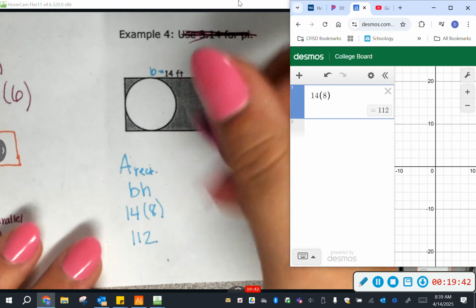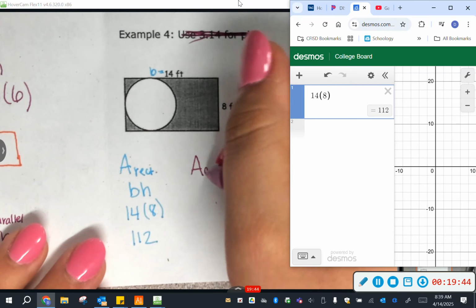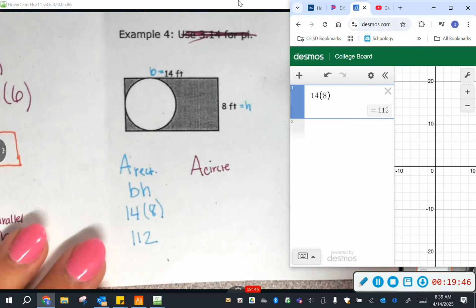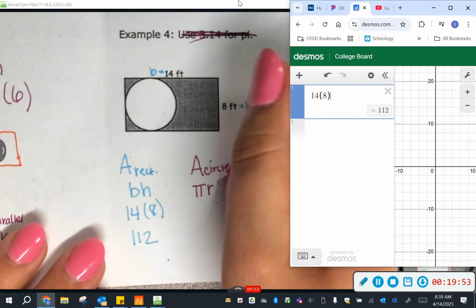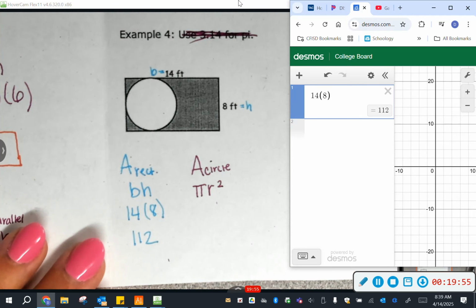What is my smaller shape? A circle. What is the formula for a circle? Pi r squared, right, Mariah? Yeah. What is my r of this circle? It's 14. No. 8. Half of 8.